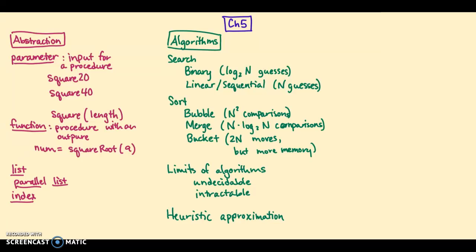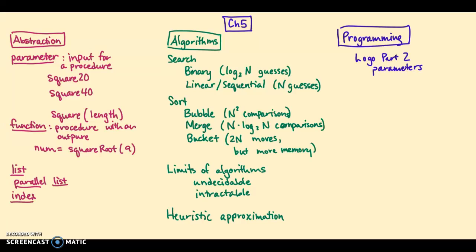And then the third big idea that we looked at in Chapter 5 was programming. There were two big programs in Chapter 5. There was Logo Part 2. And in Logo Part 2, you learned how to program with parameters.